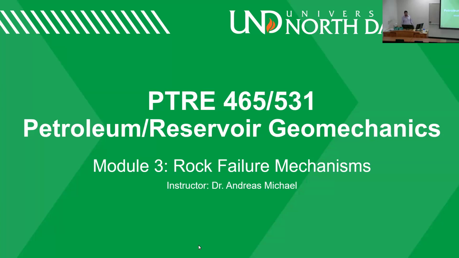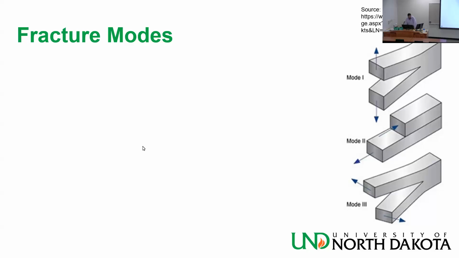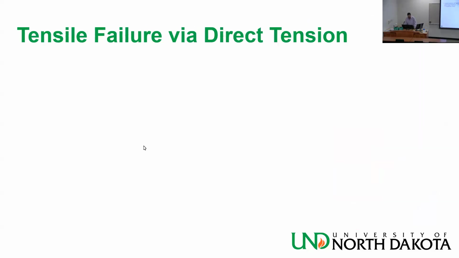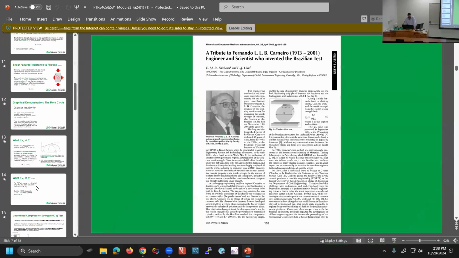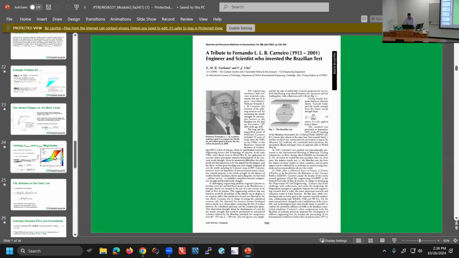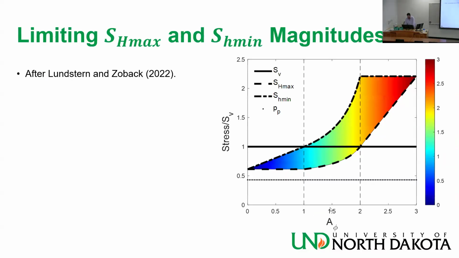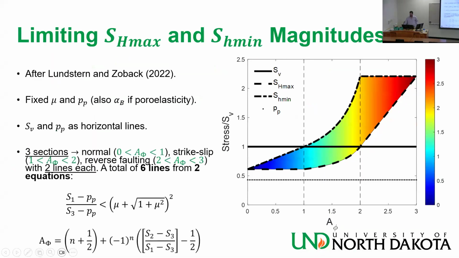Anyway, last time, we looked at something that we didn't look at in the first year I was teaching this class, and that is the Lundstern and Zoback 2022 plot, which has stress on the vertical axis and alpha phi on the horizontal axis.